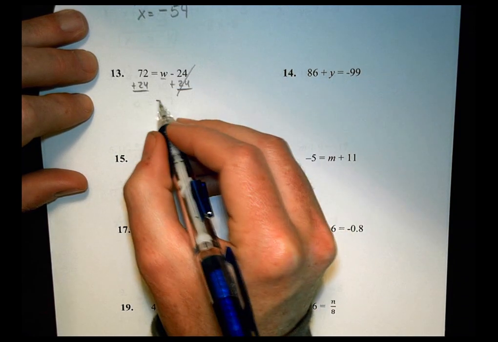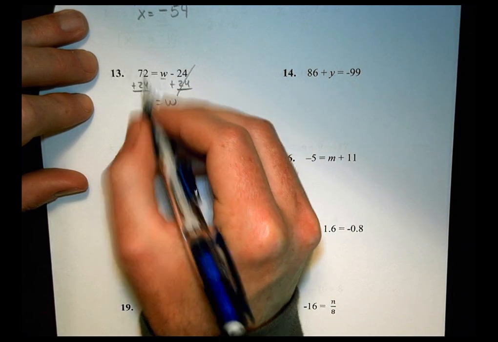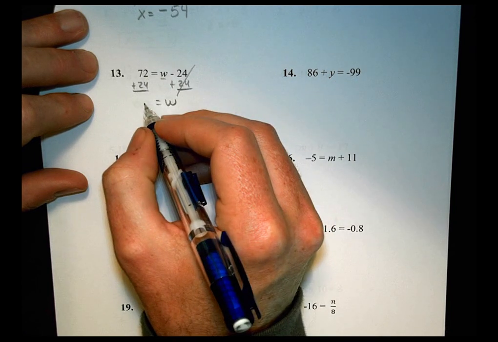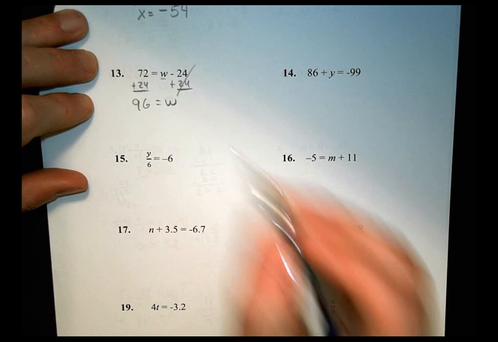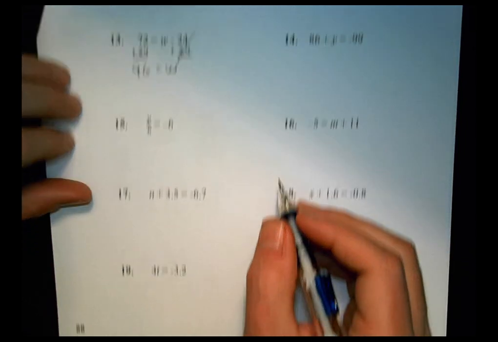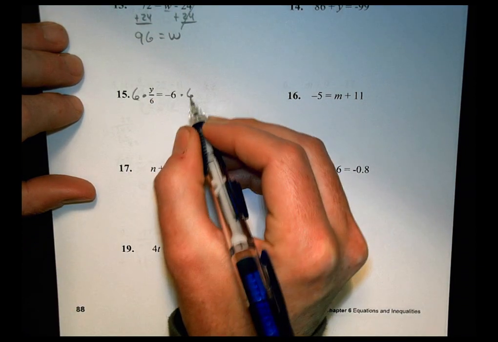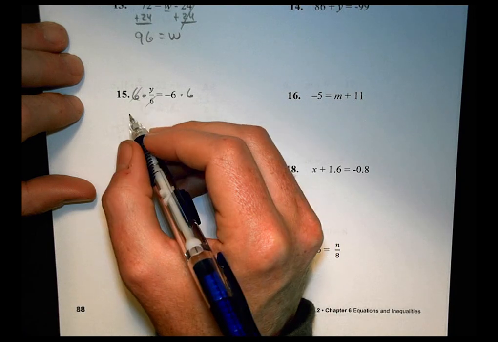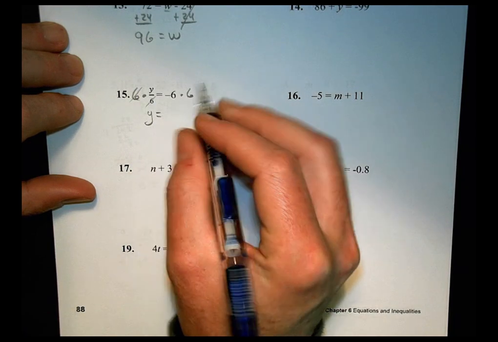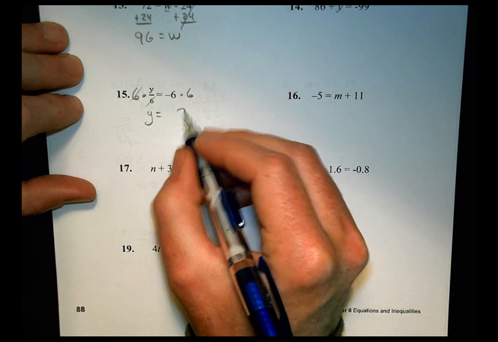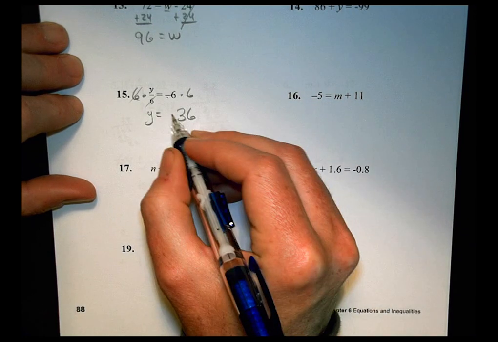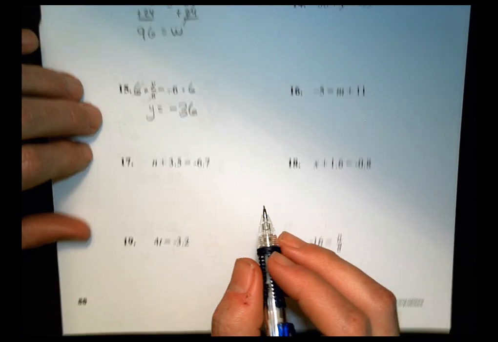That goes away, and I'm left with this added together equals w. 2 plus 4 is 6, 7 plus 2 is 9, and we're good there.